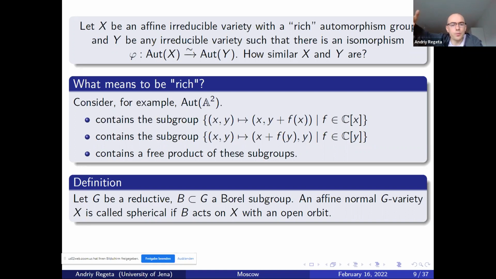And this makes your group quite big, well, infinite dimensional at least. So that's why spherical varieties, as I said, are of interest for us. And also because they are well studied and they admit a very nice combinatorics.